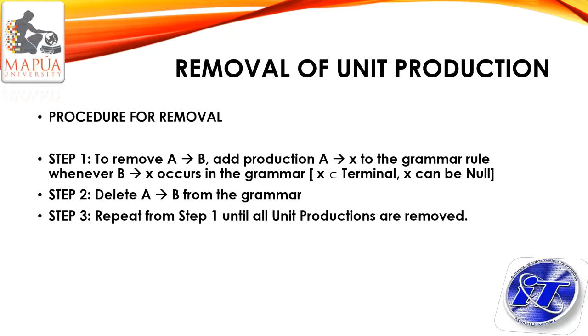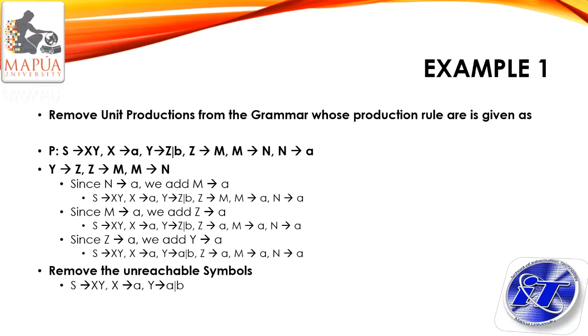Let's have an example. We have this production rule: S maps to X Y, X maps to a, Y maps to Z or b, Z maps to M, M maps to N, N maps to a.